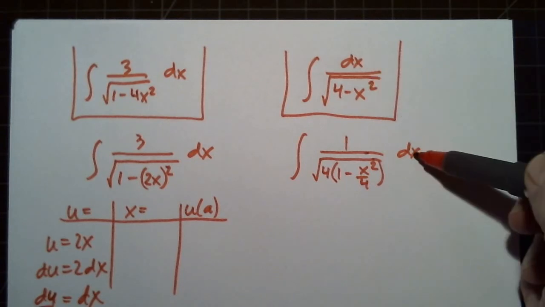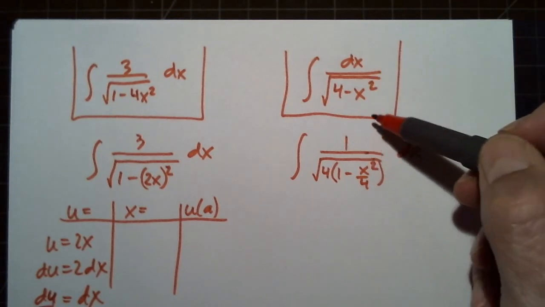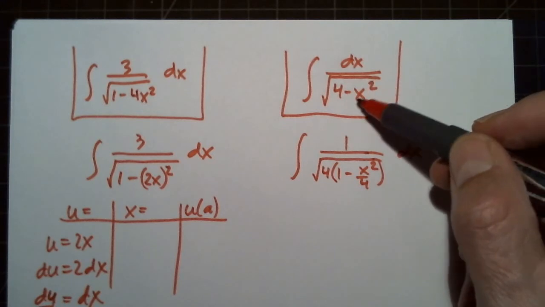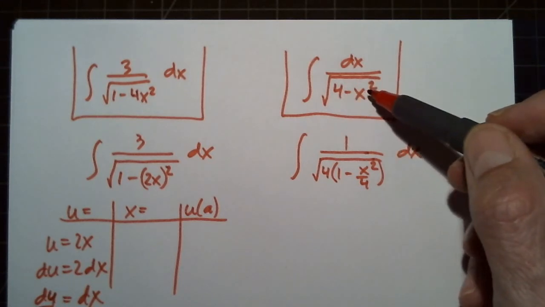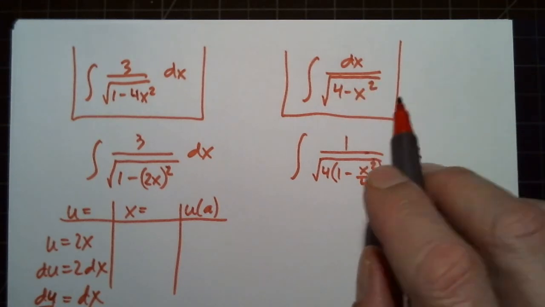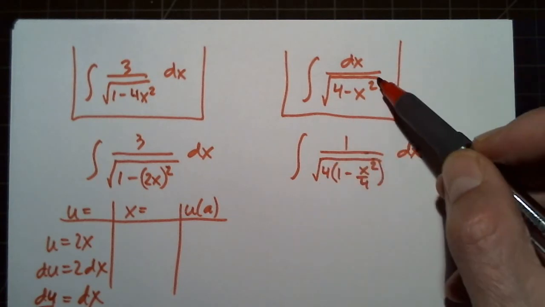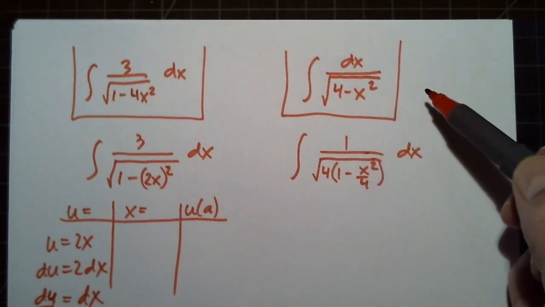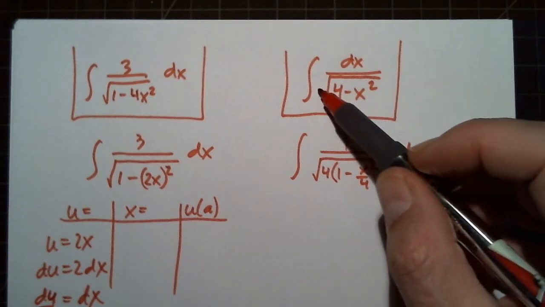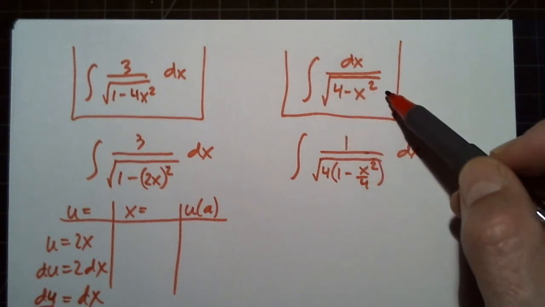So I'll put the dx over there, and in making this look like arcsine, it can't be arctangent because there's a radical, and it's not going to be arcsecant because there's no variable in front. So this is going to be arcsine.